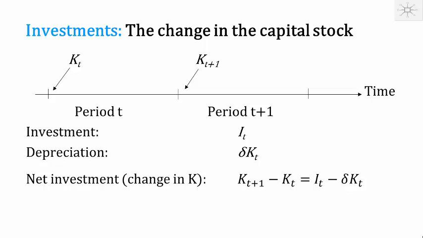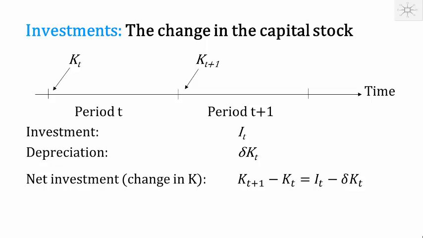Investment, I_t, is the investment during the period, the year t, and delta times K_t, that's the depreciation of capital during the period. So a certain fraction, delta, of the capital stock that we had at the beginning of the period is depreciating as we use it for production during the period.